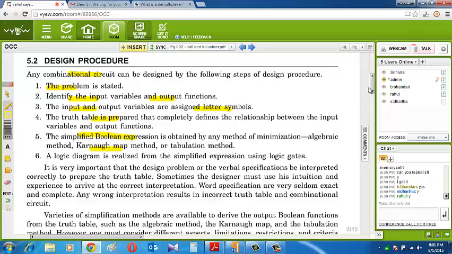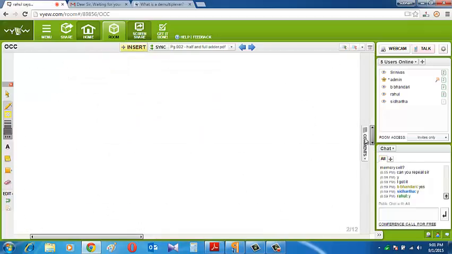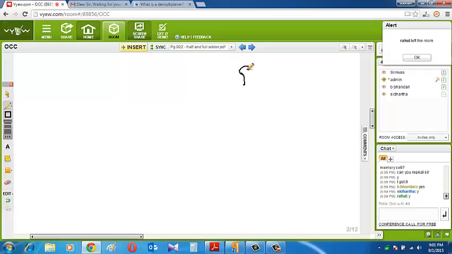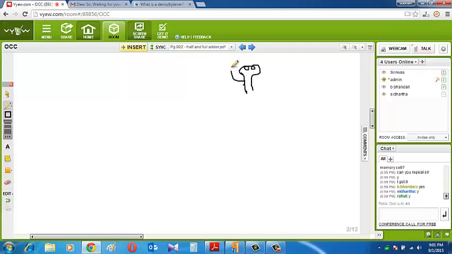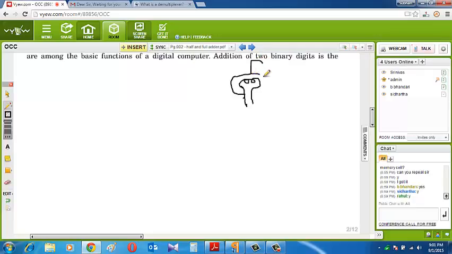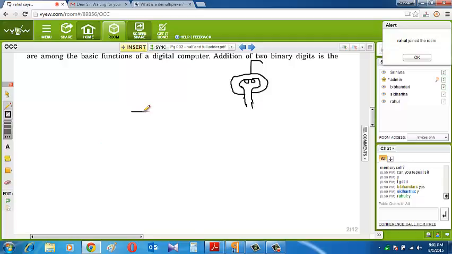Okay, now I give you an example. Suppose we have to build a logic like that. Suppose we have one light, and we have two switches.